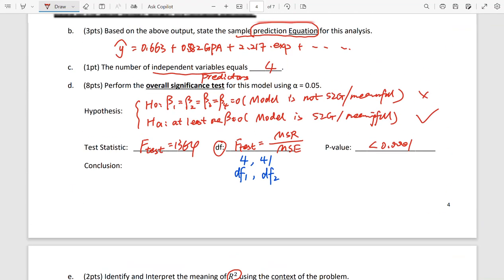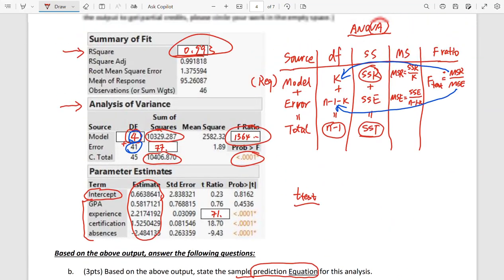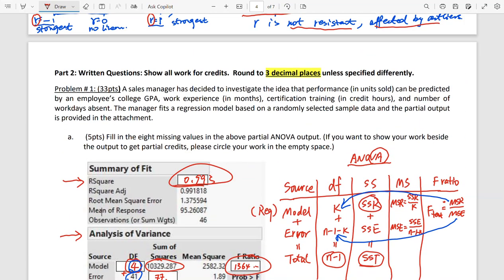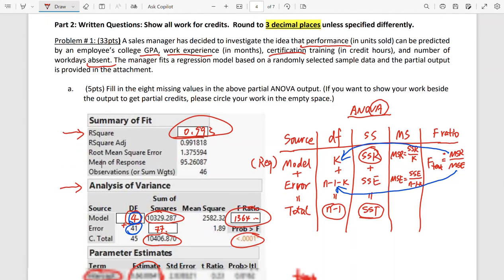So in the context of this problem, what do we say? That means 99.3% of the variance in performance can be explained by the regression based on the GPA, work experience, certification, and number of absences. All right, okay.